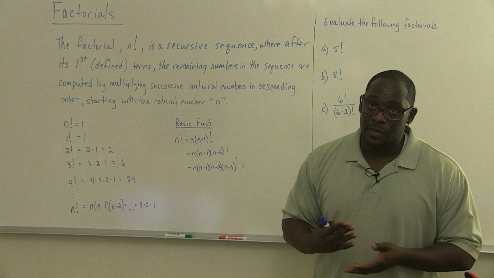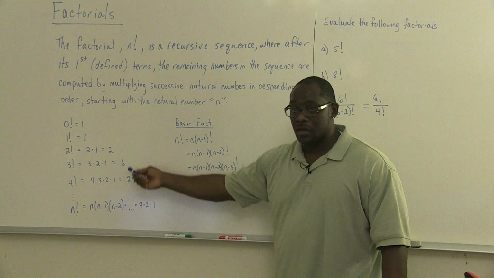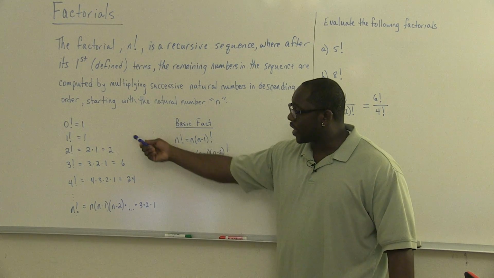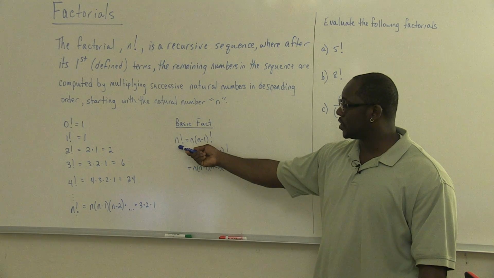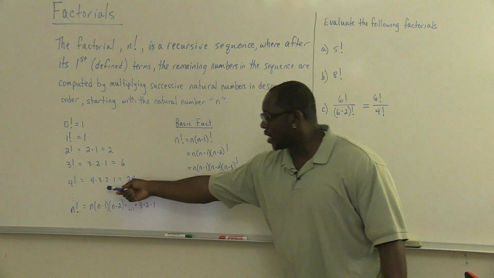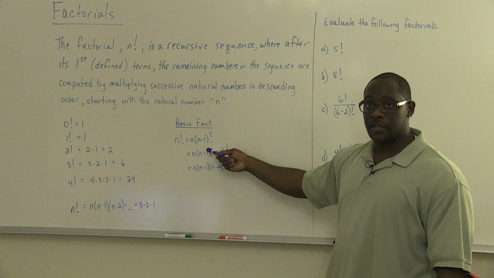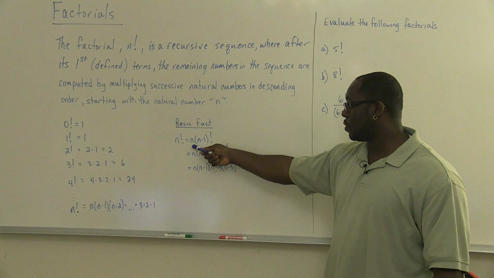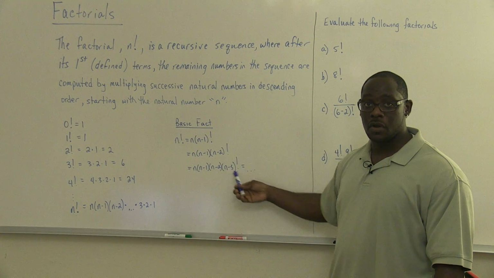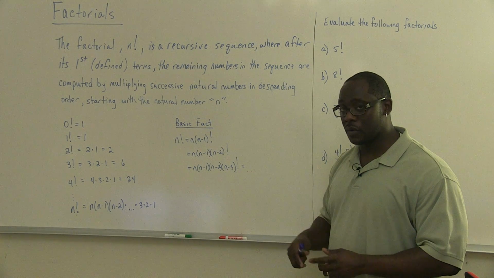Now, as a basic fact coming from what we know a factorial is, we can take our factorial and not write it all the way out to 1. We could stop it, let's say, at the first number after n, or the second number, or the third number, and so on and so forth.